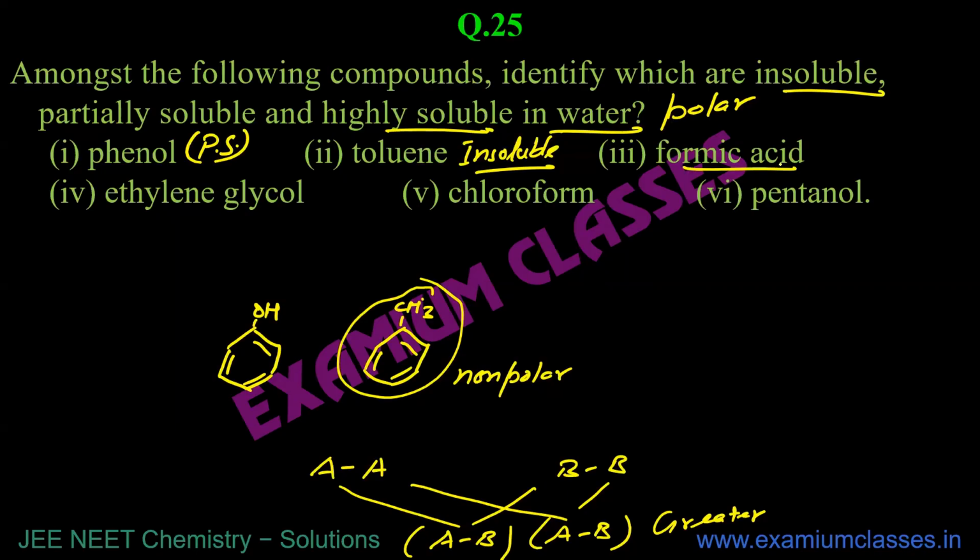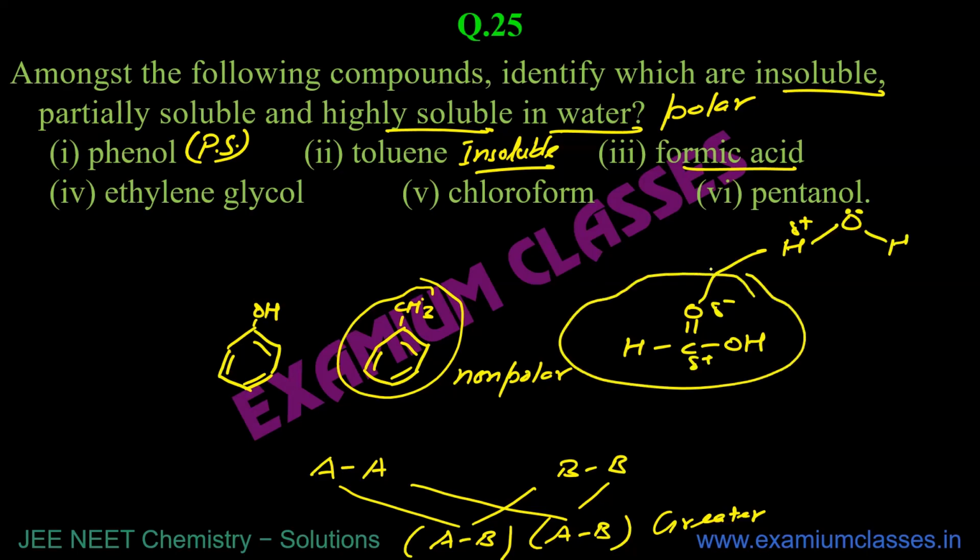Now come to formic acid. Formic acid is HCOOH. And this oxygen forms a hydrogen bond, because this is electropositive, this is electronegative. This electronegative atom forms a hydrogen bond with this one. So there is some extent of hydrogen bonding, but there is no hindrance at all. In the previous case, there was hindrance from the bulkier group.